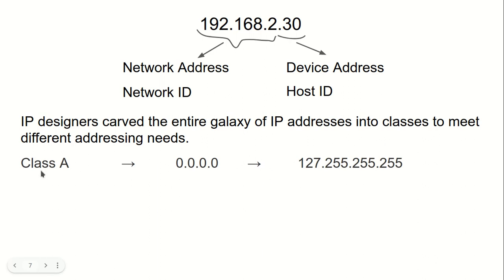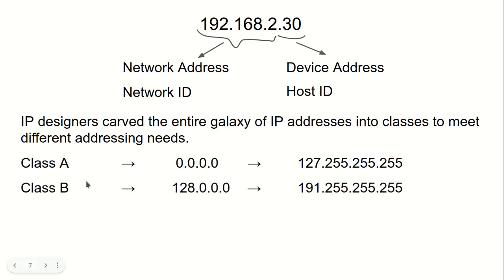Class A is the first class of IP addresses, starting from 0.0.0.0 to 127.255.255.255. After 127, the next class, class B, will start from 128.0.0.0 to 191.